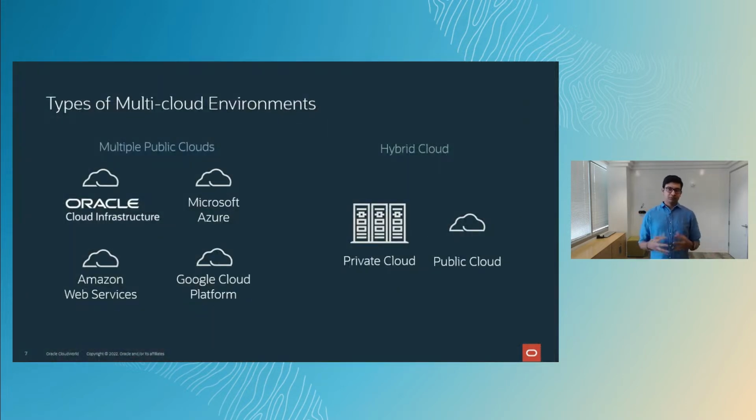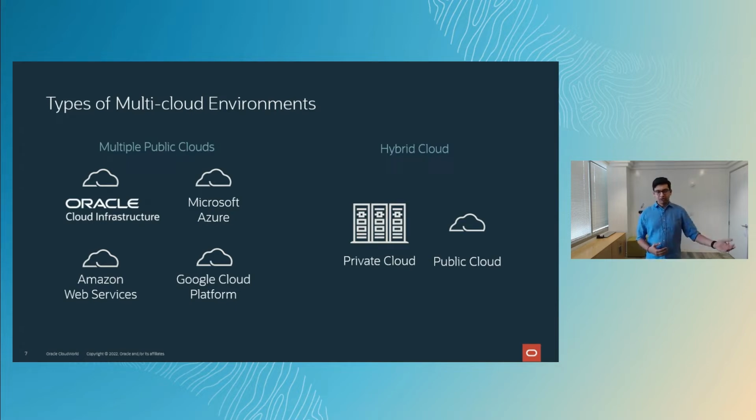So there are two types of things. One is the publicly available cloud providers that give you infrastructure to use on the fly. And you also have private cloud, which you might have within your data center that has resources, applications, and everything else. Any combination of these would give you a multi-cloud environment.